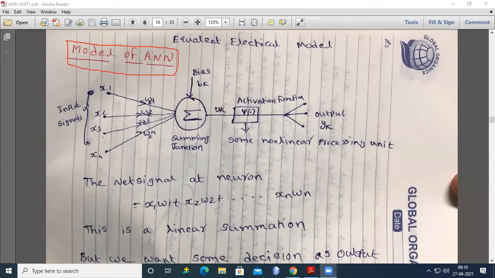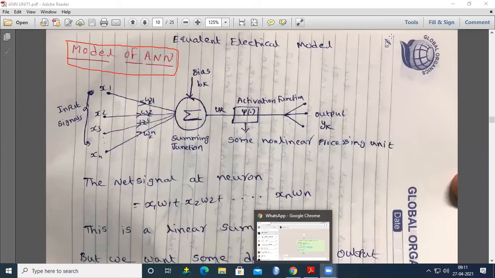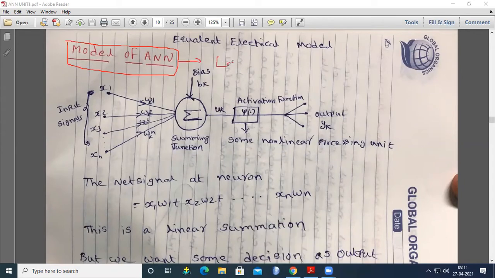So in our previous classes, we learned that the ANN follows a layered architecture. Layered architecture is nothing but all the nodes in the network are formed in the nature of layers.